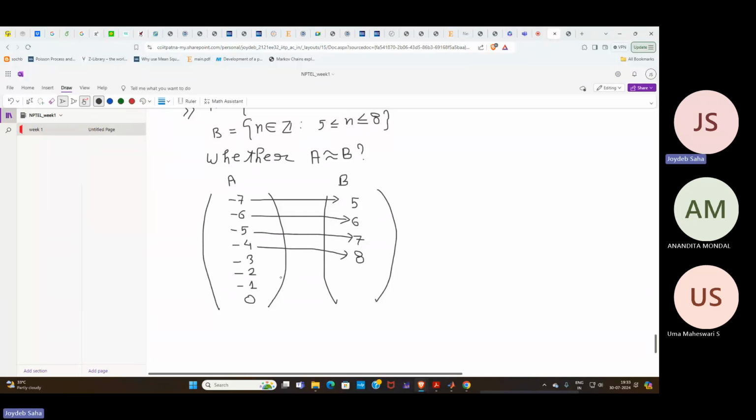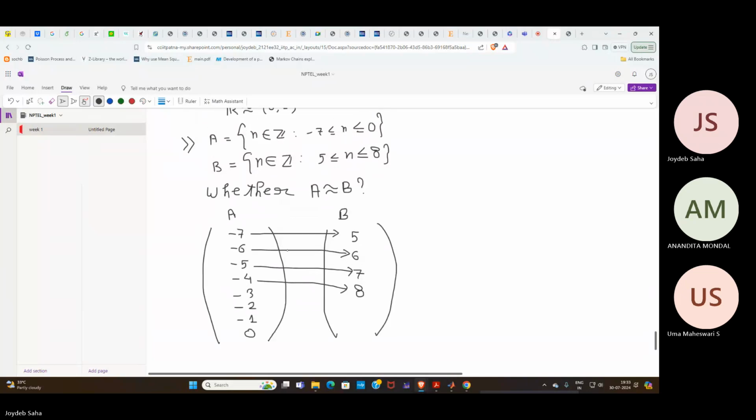Now there is another question, whether set A and set B can map by any bijective function. The answer is no. And if this is the mapping from A to B, then it is clear that this is not a bijective function, right?